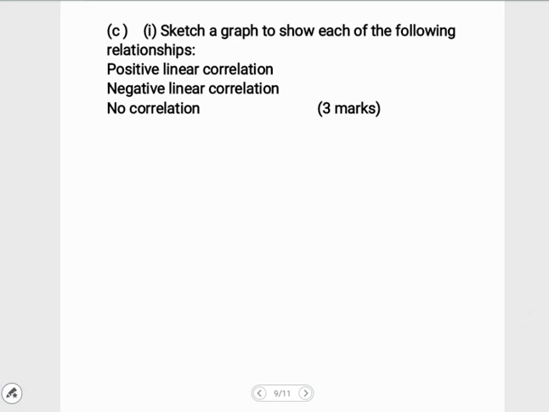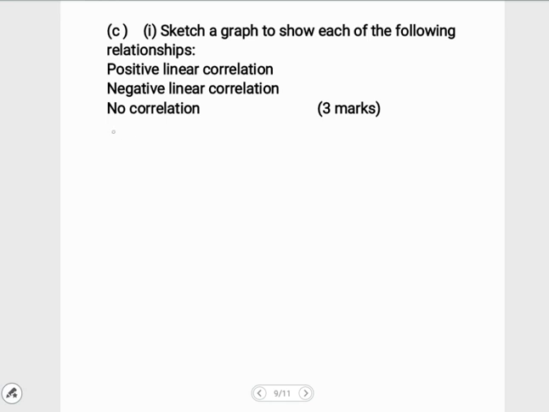Right, we need to note that for a given distribution to be a set of scores to be positive linear correlated, the increase in one must be corresponding to the increase in the other.